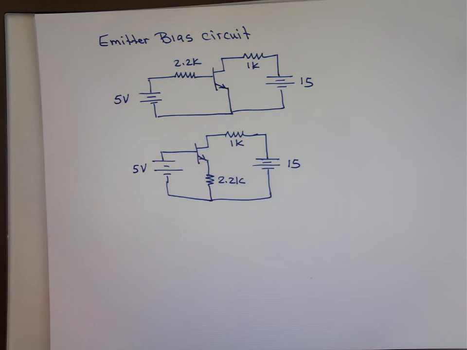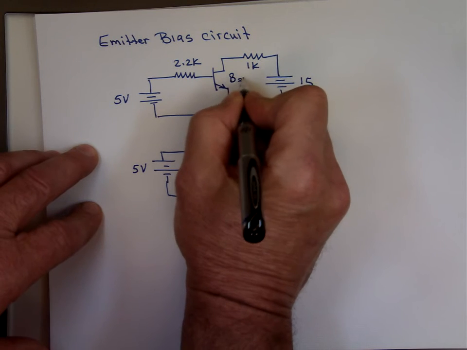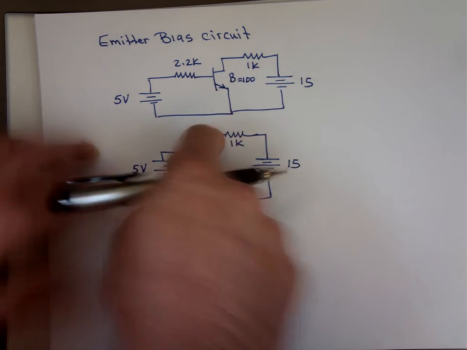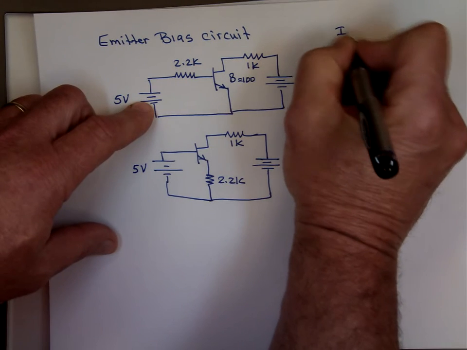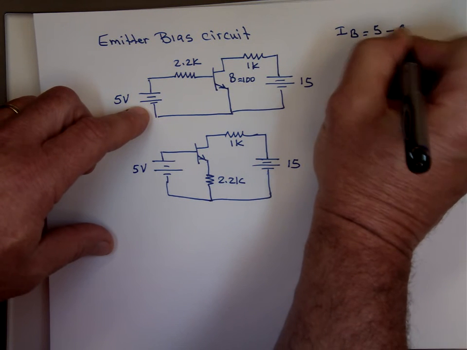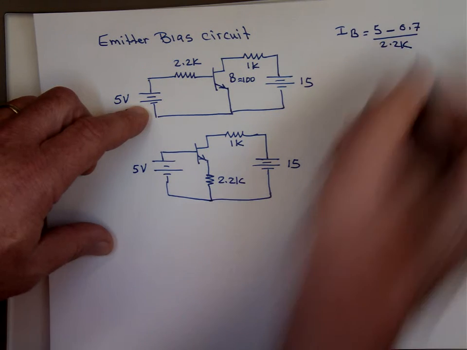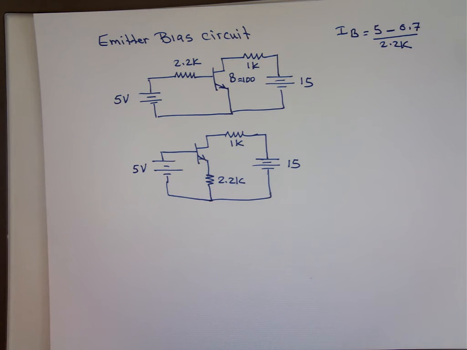Now remember, let's assume beta here is 100. For this example, I sub B is going to be 5 minus the 0.7, if we use second approximation, over 2.2K. Let me get my calculator here. 5 minus 0.7 divided by 2.2 EE to the power 3.